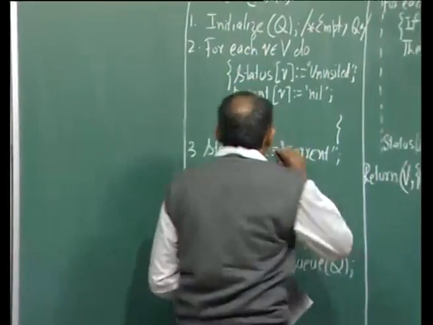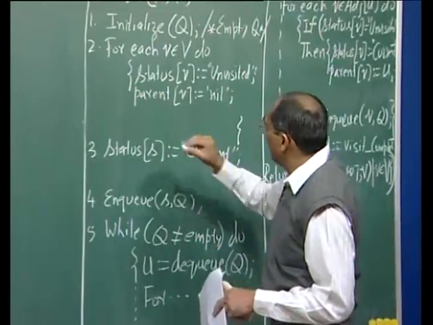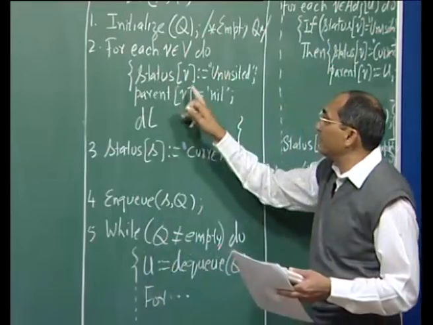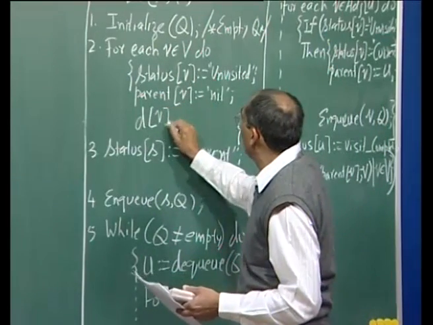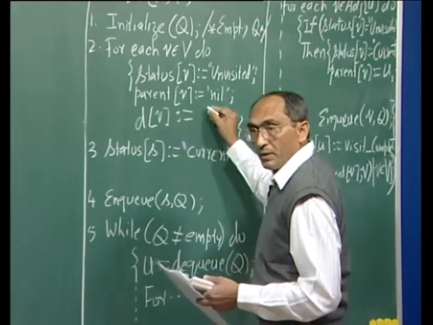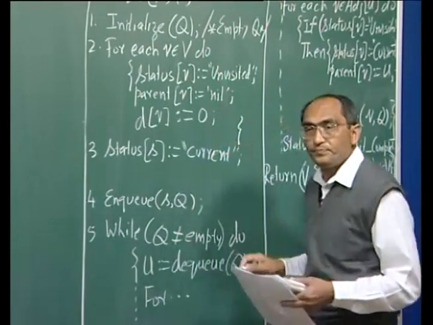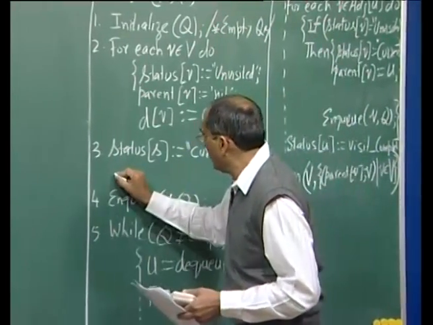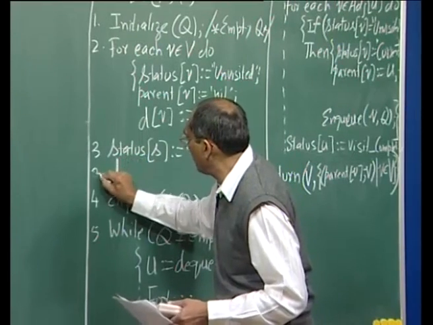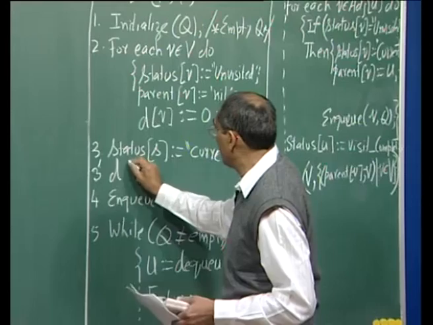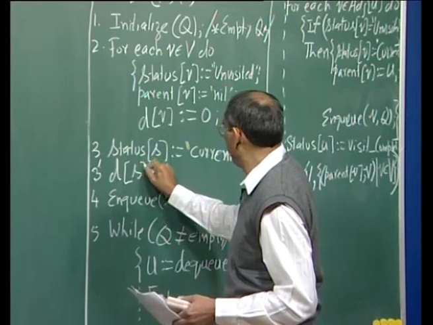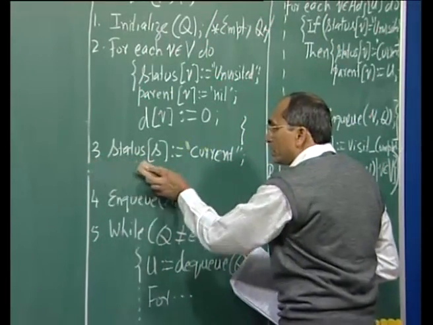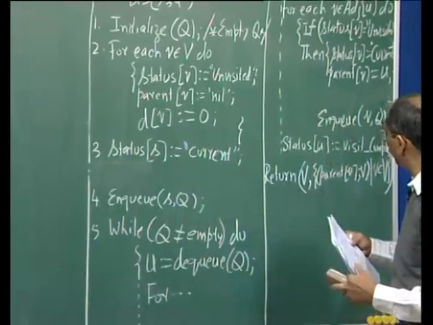So what we do is, when we are initializing the vertices, we can set the distance of every vertex to be 0. Well, actually the distance of S is also 0, so we do not have to do anything about it.